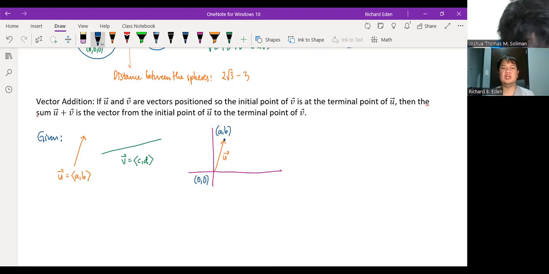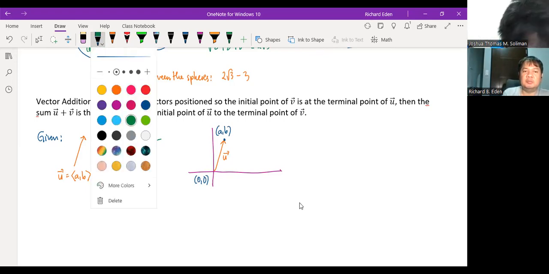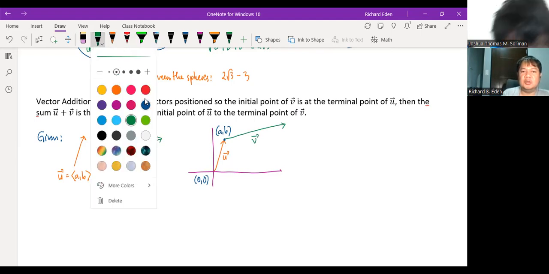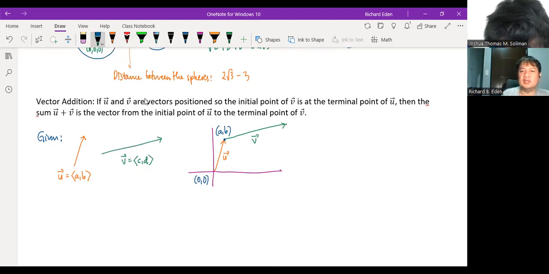Now, the definition talks about putting the initial point of V at the terminal point of U. Okay, so this is vector V. Now, what is the terminal point of V then?